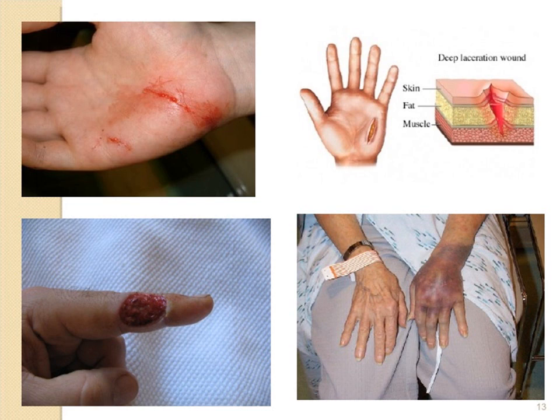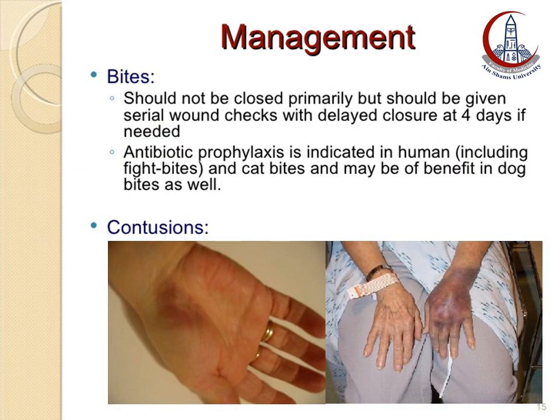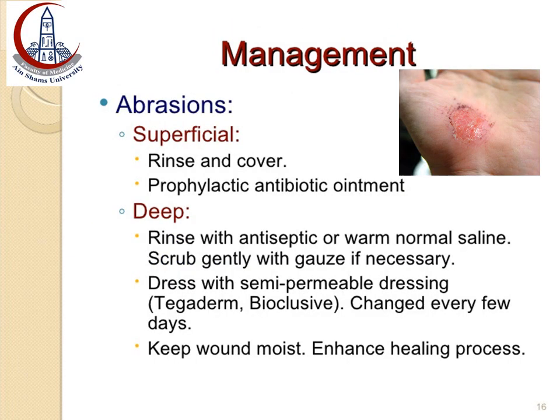These are different examples of injuries of the hand. This is an incised wound, in this picture the blue is a contusion, and this picture shows a lacerated wound or abrasions. This is an example of skin lacerations, bites, and contusion. This is an example of skin abrasion, which may be superficial or deep.